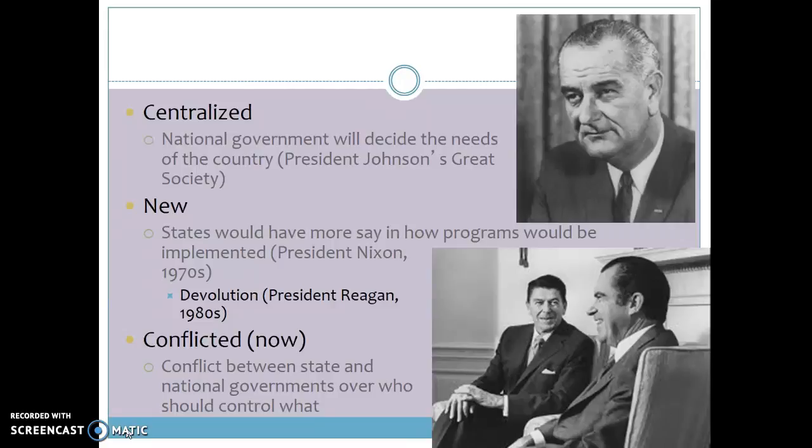However, there is an argument that there's a different type of federalism going on just prior to Nixon in the 60s under President Johnson and the Great Society. Now, this isn't something that necessarily all political scientists agree on, but we'll talk about it. And that's centralized federalism. It's the idea that the national government will decide the needs of the country as a whole.